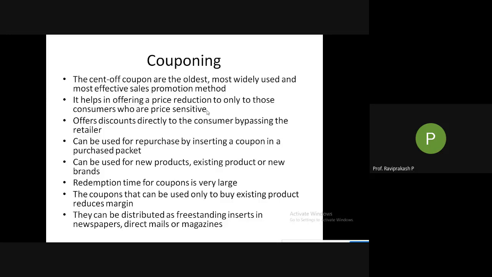So certain things are free. Those were inserted in newspapers and sent. If you take that pamphlet there and show them, saying this was promised to me, they'll say, okay, book this particular thing and you are getting these two tests free. So this also can be done. So this is couponing.